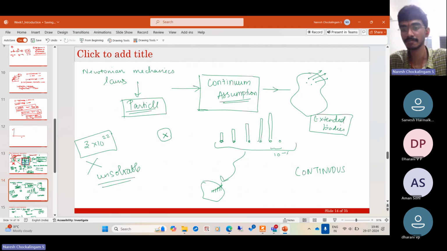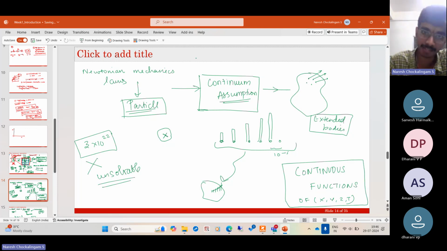You can express the displacements, temperature, stresses, strains as continuous functions of space and time, of x, y, z, and t. This is a very strong assumption, and this holds good at engineering scales. At all the length scales that we are interested in, this continuum assumption is very good.